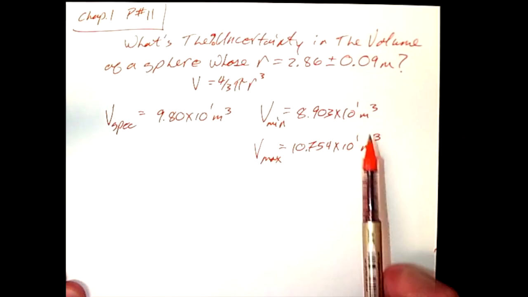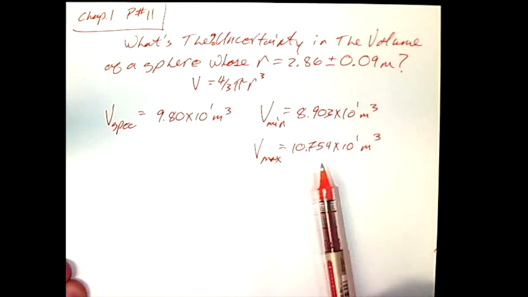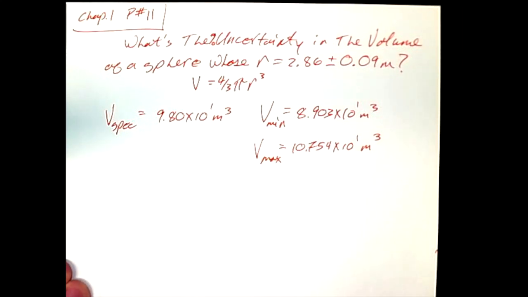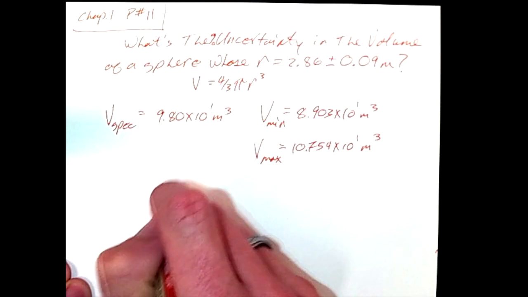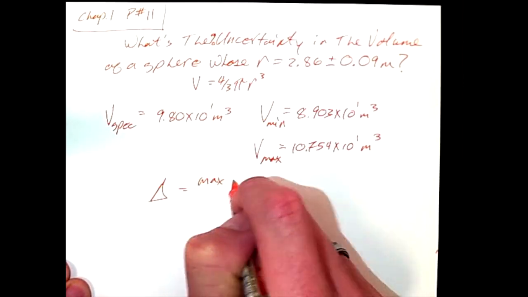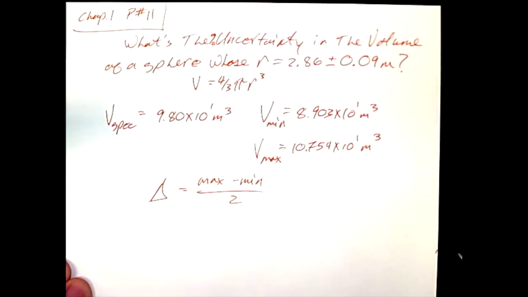Again, notice that I've taken extra significant digits in the minimum and maximum value so as to not preemptively round and increase my error. The calculation, of course, is delta equal to the max minus the min divided by 2, or the average of those.